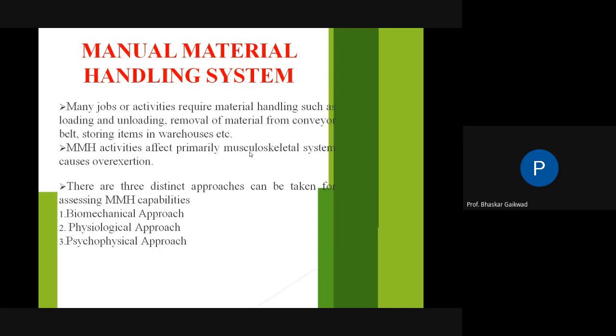So here certain points you have to remember: biomechanically, physiologically, psychophysically. These points you have to remember while designing the material handling system. But ultimately, nowadays, manual material handling, as much as possible, people are reducing. Instead of this, they are using cranes, forklift, conveyor belt.